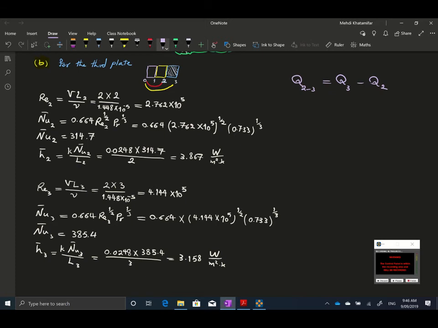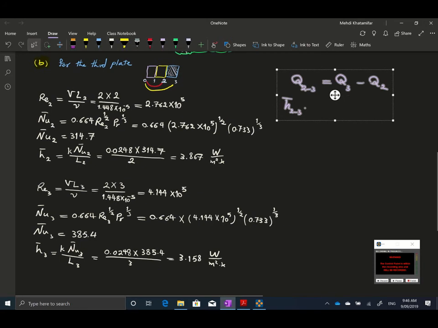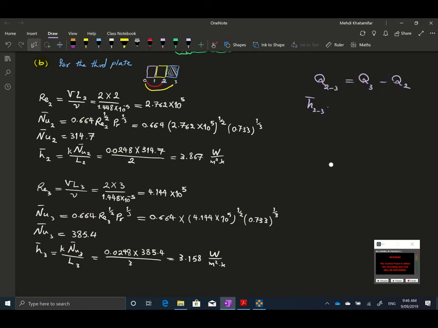So let's write the formula for this. H between 2 and 3 times, let me take it aside to have a bit of space, times area, which is going to be between 2 and 3.